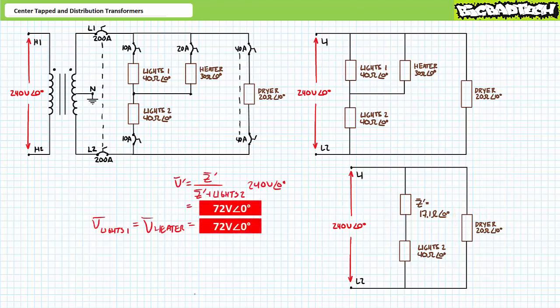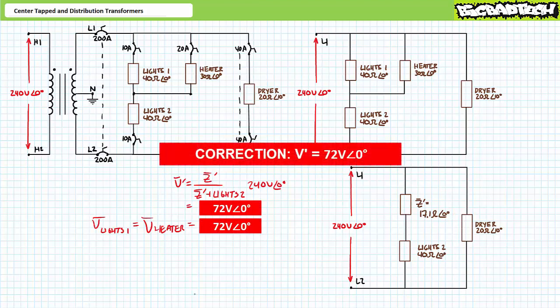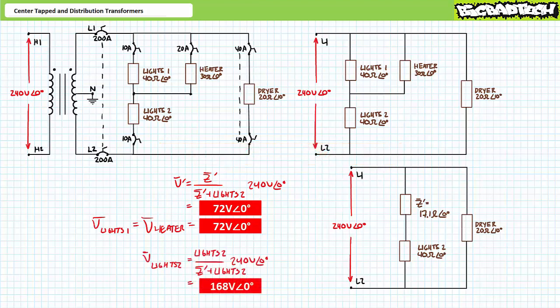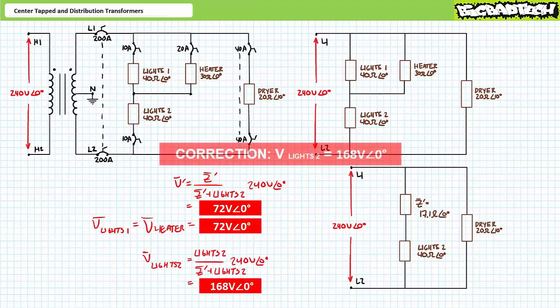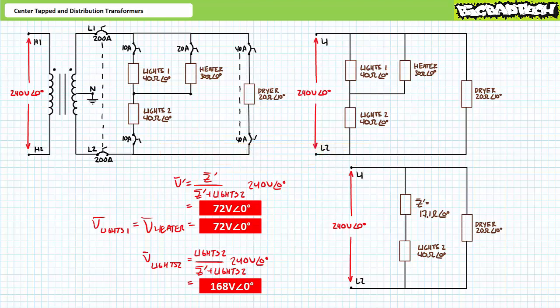An application of the AC voltage divider rule demonstrates that Z single prime, the parallel combination of the first lighting load and the heater, experiences 87.3 volts at an angle of 0 degrees. Similarly, another application of the AC voltage divider rule demonstrates the second lighting load experiences 152 volts at an angle of 0 degrees. The loss of the neutral connection has fundamentally changed the behavior and configuration of this system.